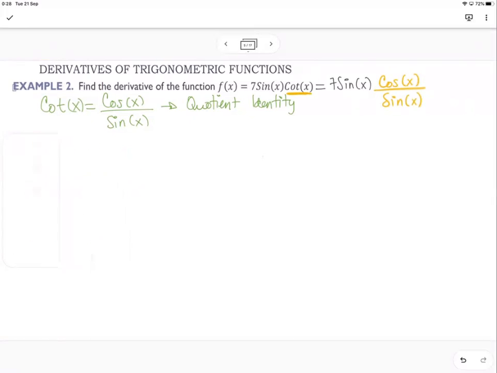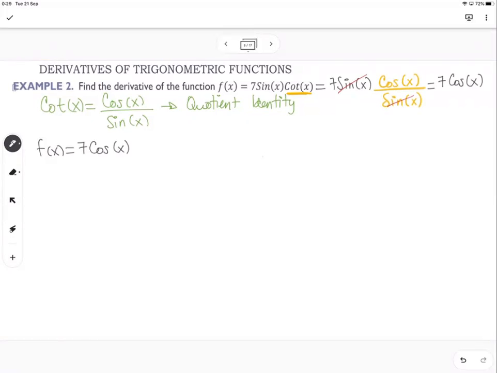What happens with sine? Sine will be canceled, and this will be 7 cosine of x. So the function I'm going to differentiate is just 7 cosine of x. This is much easier to differentiate than doing the product rule with the original expression.